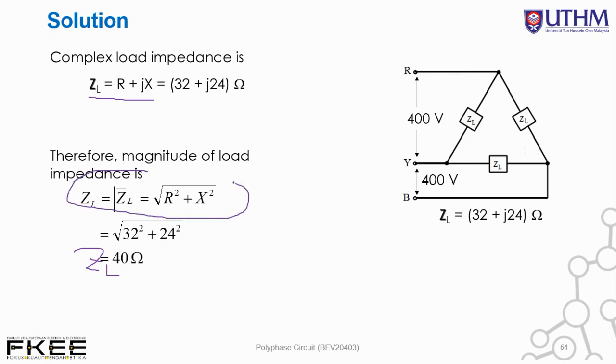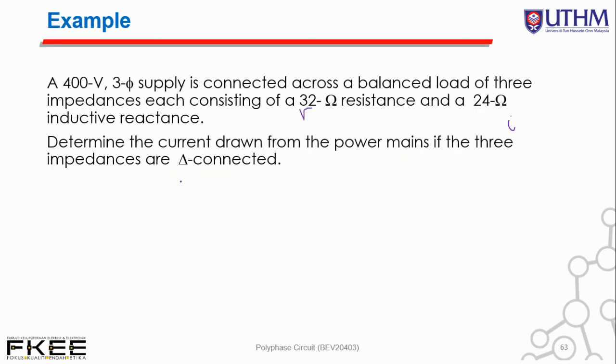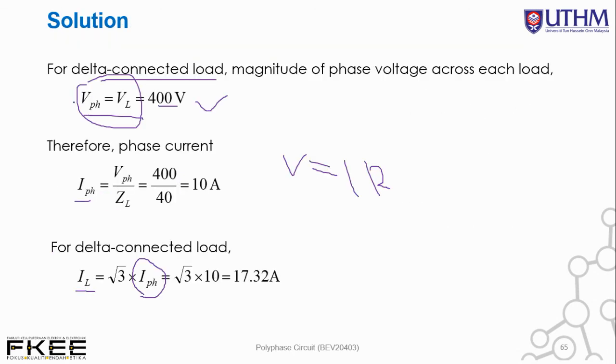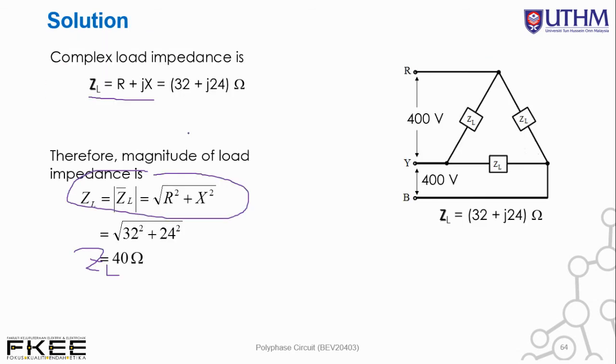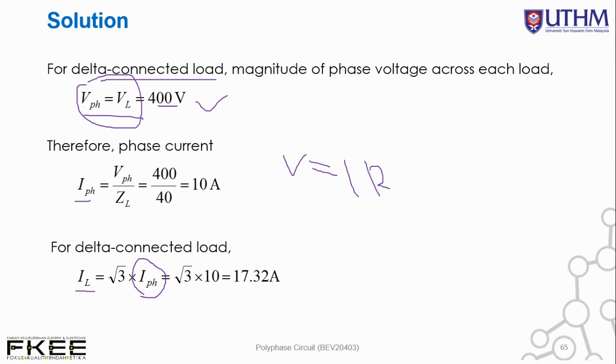For the delta connected load, you have to standardize everything into phase, the voltage and the magnitude of the impedance. It's no problem with the voltage because V phase is equal to V line, even though the voltage of the system is given in line in this particular example. So 400 volt is actually both V line and V phase.